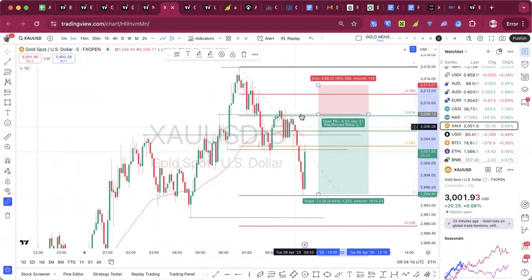It's in consonance with your market structure. Here, that's the 38 fib level. Here, that is the 50 fib level. And 61 fib level. So you want a rejection.